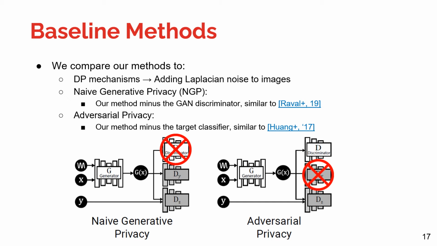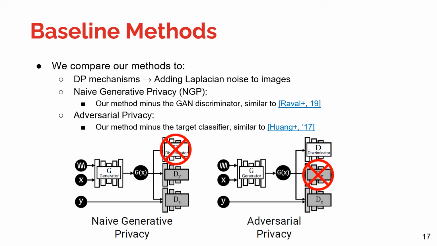The second one is where the generator simply tries to fool the sensitive classifier dz with the help of a GAN discriminator d. So it is our own architecture, except that there is no target classifier dy guiding the generation of the noise.